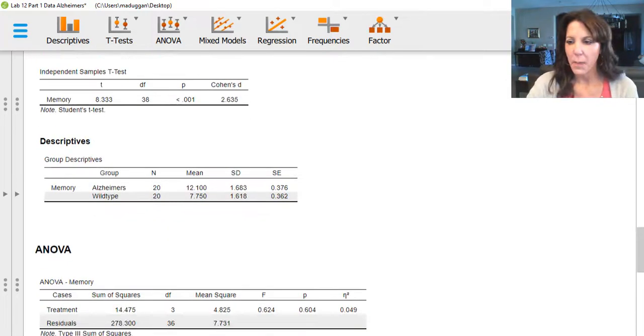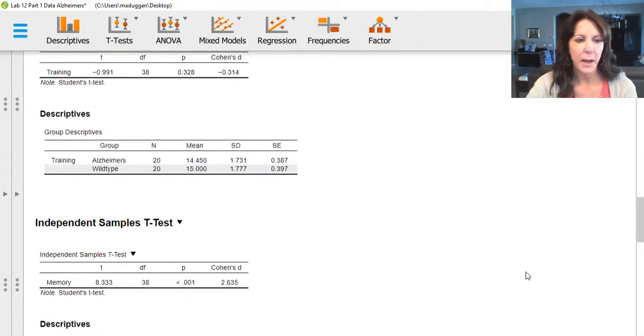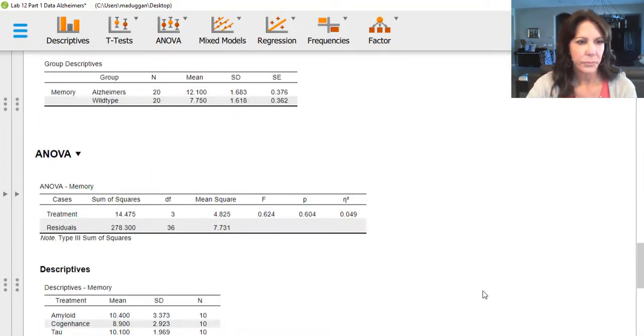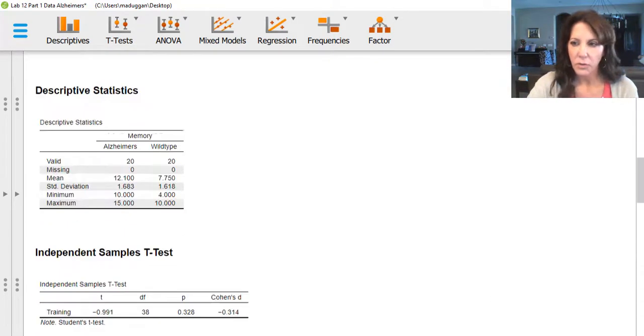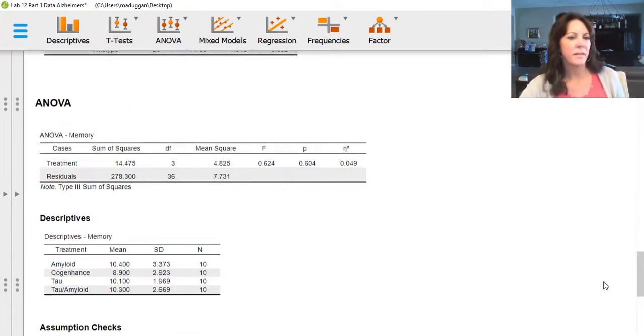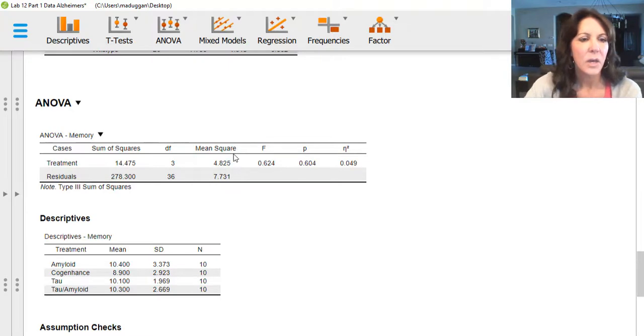So as I go back up to my ANOVA, I'm going to look for a couple of different things. First thing I'm going to look for is the ANOVA. So here we go. We have some information about degrees of freedom, and we've got interesting information about the mean square, but we have an F of 0.624. It's pretty close to 1, isn't it? And what we've talked about, when an F score is around 1, it means there's no treatment effect, really.